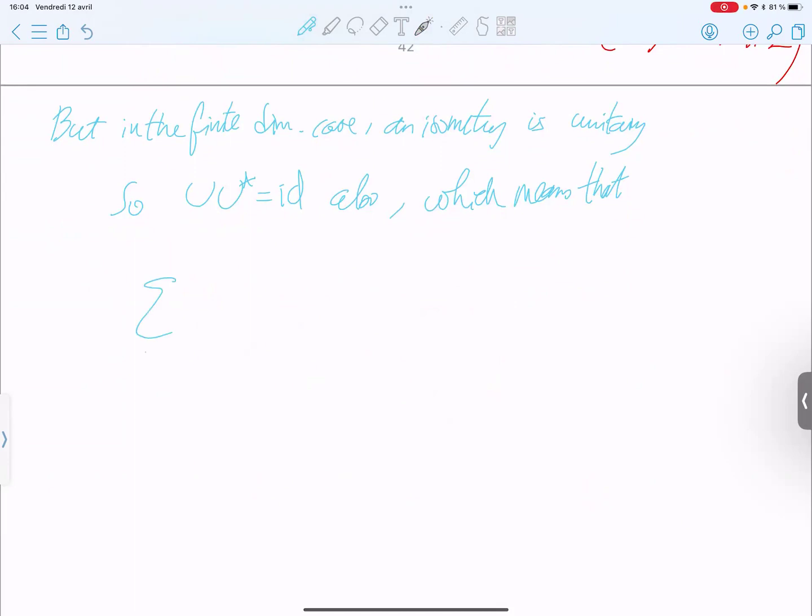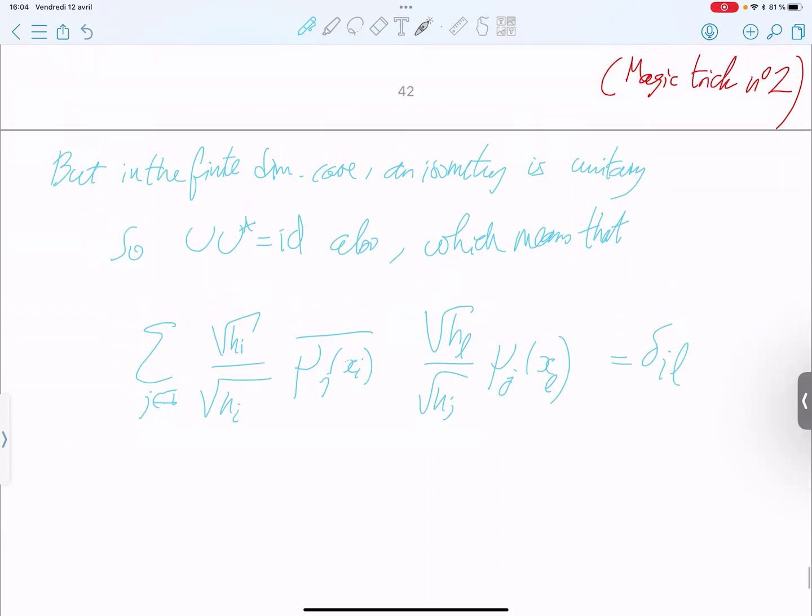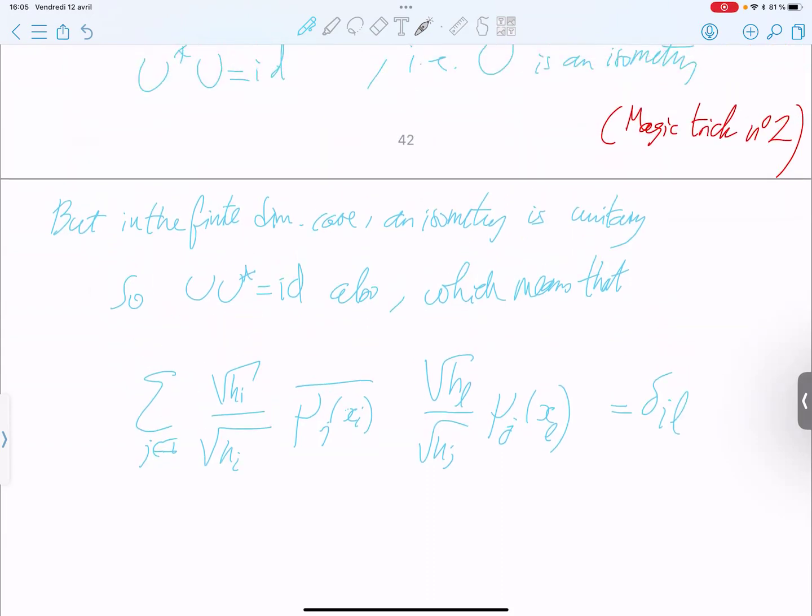Sum for J, I hope I'm not making a mistake, like that: mu_J(x_I) complex conjugate, and square root of h_L n_J mu_J(x_L) equal delta_{IL}. I hope it's okay.